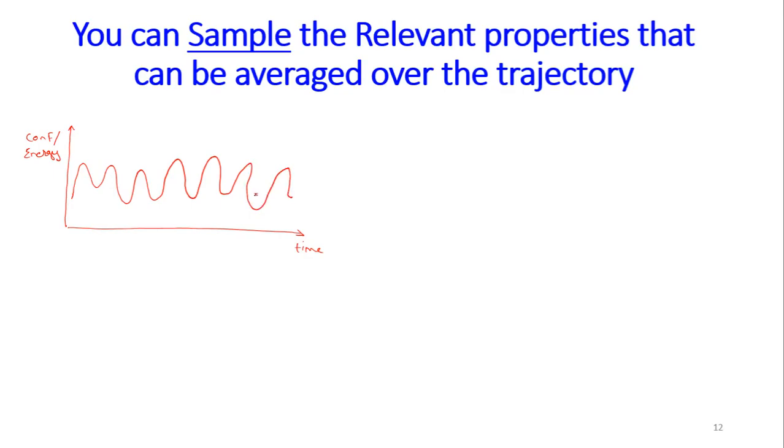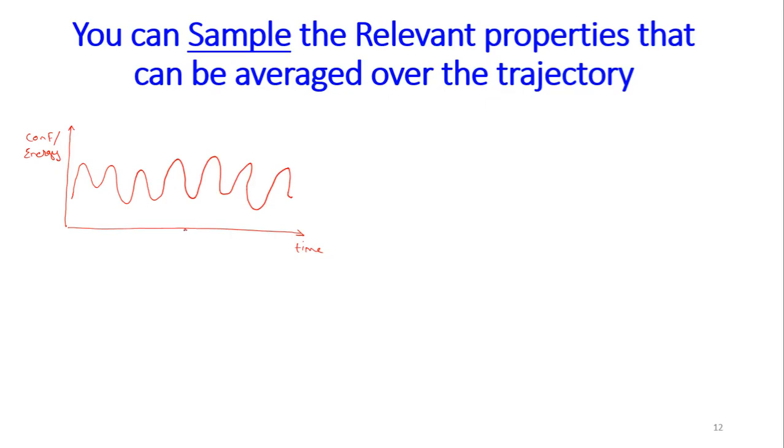In this simulation you can now select some states at some time interval. Let us continue with our previous example of a 50 nanosecond simulation, and say that at intervals of every 50 picoseconds your protein will have a different conformation.